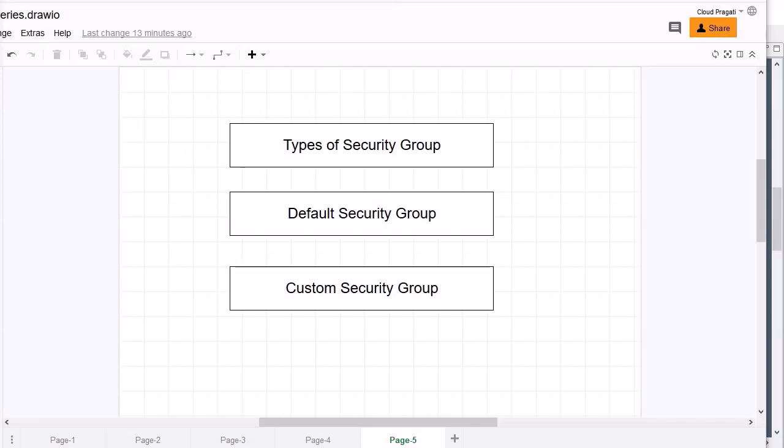If you go with the default security group, that is not really feasible, as all instances belonging to the default security group have access to each other. So you need a mechanism by which you can handle granular-level security for each instance.